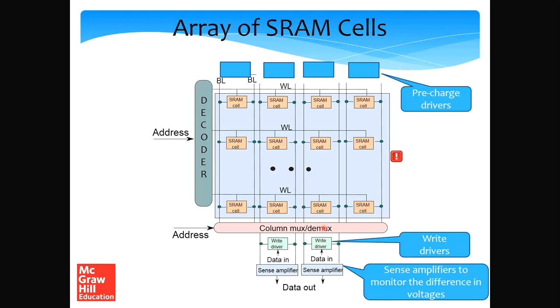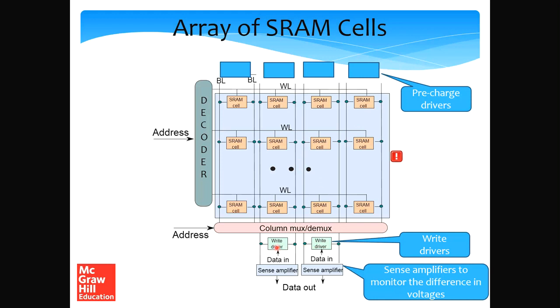Subsequently, after the column multiplexer, let me just repeat, what a column multiplexer does is that it helps you choose a subset of columns that you want to read or write, because typically if the array is very large, we don't want the array to be like one long strip. We want it to be nicely organized as a square for certain circuit design considerations. So that makes it necessary to choose a subset of SRAM cells within each row, a subset of columns within each row. That's the reason we have a multiplexer over here.